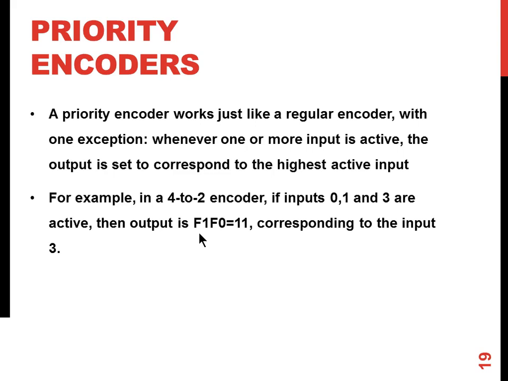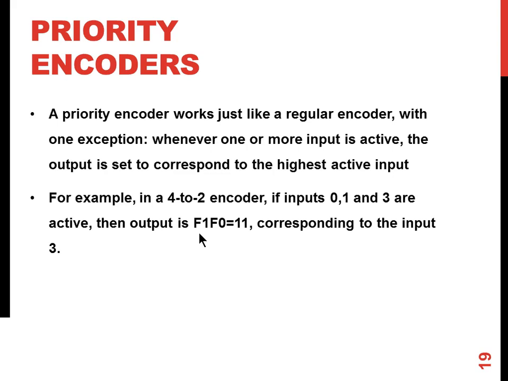If input 1 and input 5 are high at the same time, your encoder output cannot be 0, 0, 1 and 1, 0, 1 at the same time. Input 0 has the highest priority, input 7 the lowest, in that order. The highest priority I0 is not active.